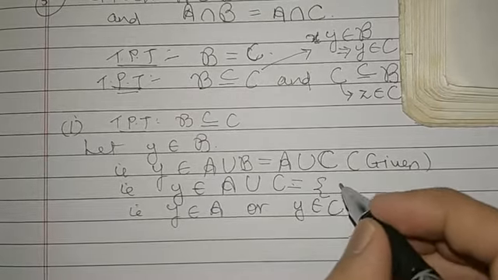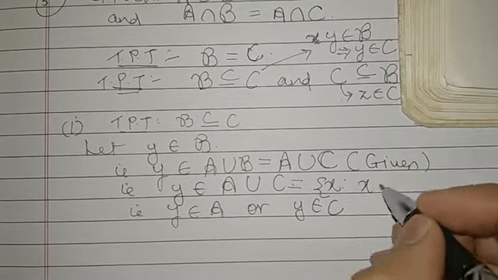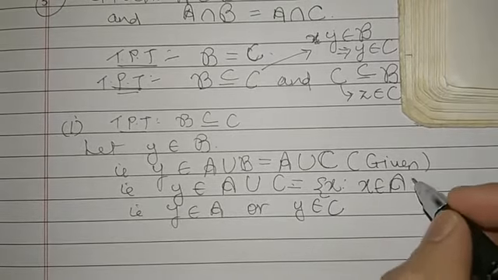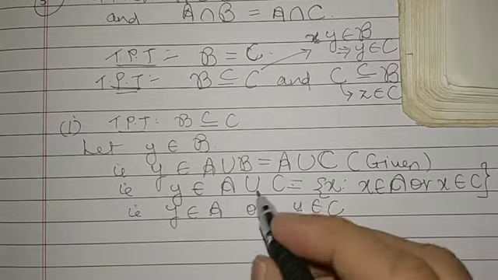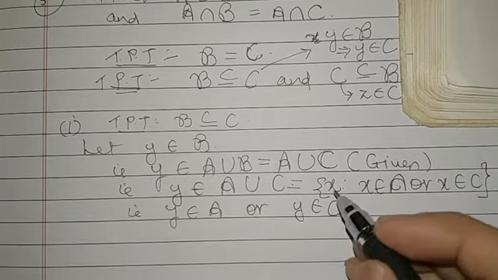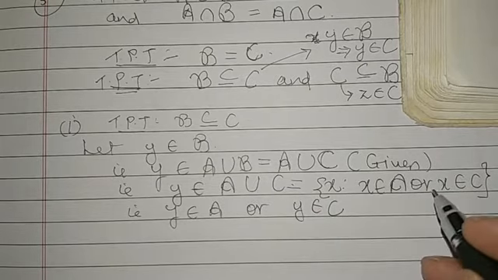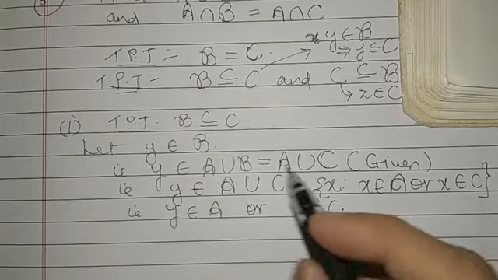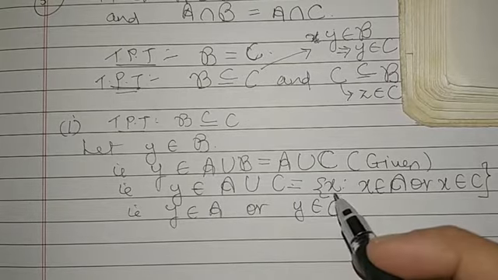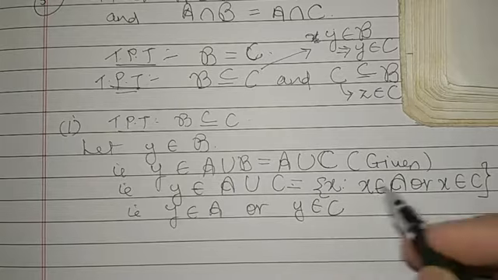Look at the set A union C, that is X such that X belongs to A or X belongs to C. This is the set A union C you have. So now Y is one of the X here, because Y belongs to this set.